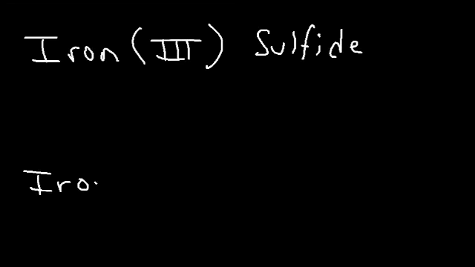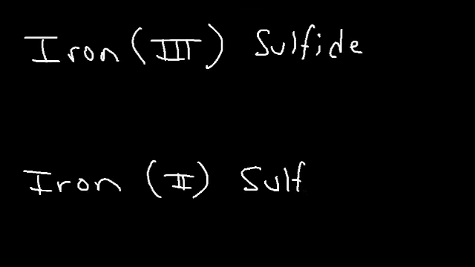Now, what about this one? Iron(III) sulfide. And let's also try iron(II) sulfide. So, if you have an ionic compound with a Roman numeral, you need to know the Roman numeral represents the charge.